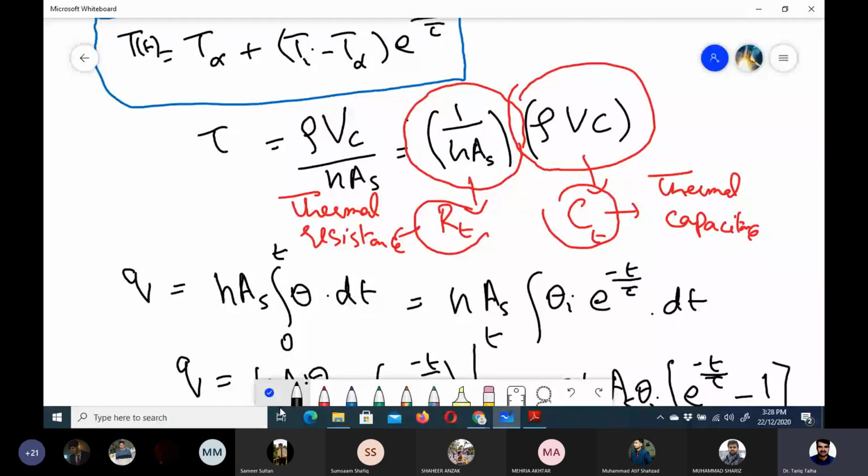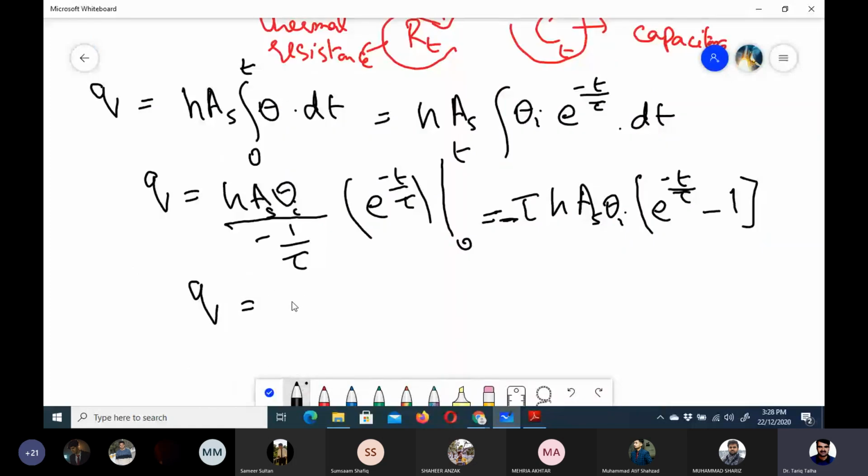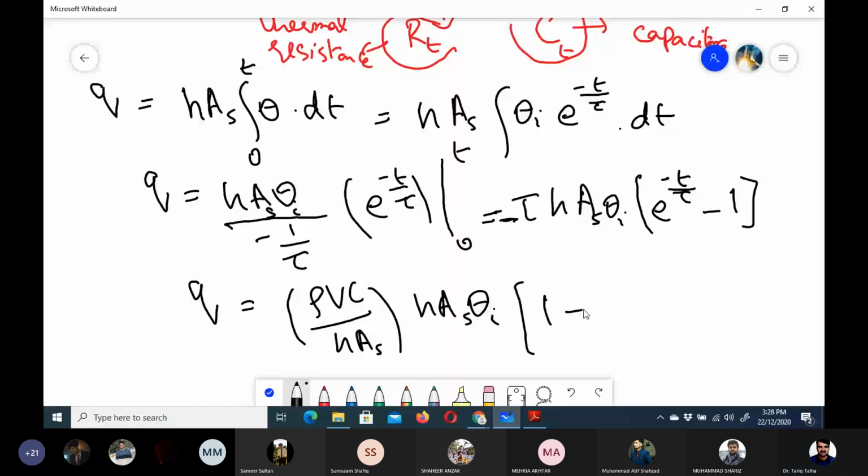So if we put the value of tau, tau would be equal to rho VC upon HAS. This is tau. Then we have HAS theta I, and when we take this minus into this, this term becomes 1 minus exponent minus t upon tau.